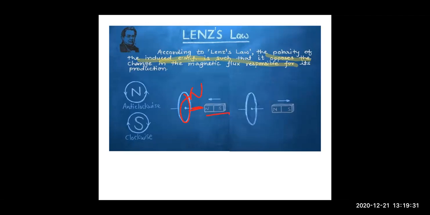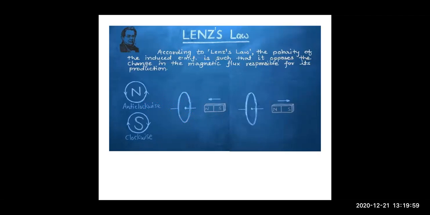For this face to become north, what should be the direction of the current? Children, the direction of the current should be anti-clockwise. So the current induced in this coil because of the movement of this bar magnet will be in the anti-clockwise direction, right?